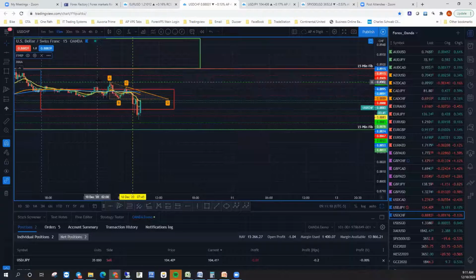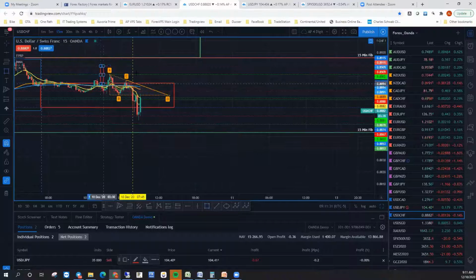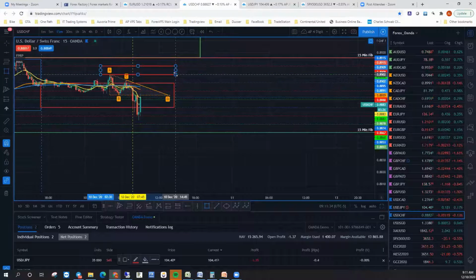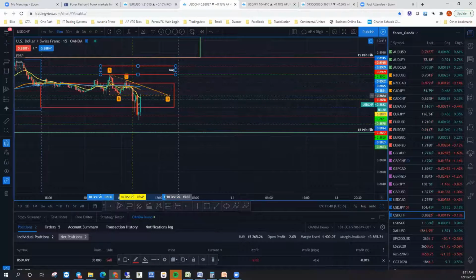So right here is the area, what I call the trap. And then down here would be the trap.